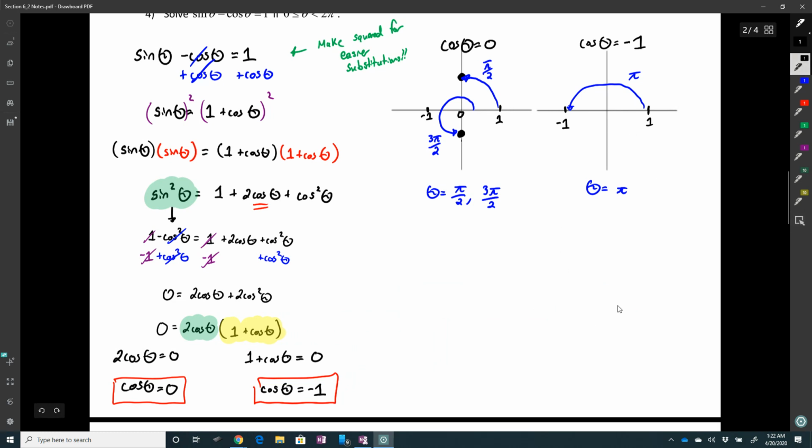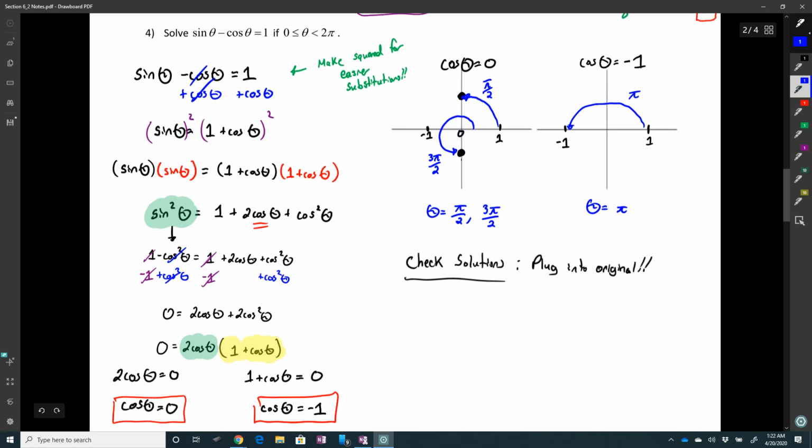So to check our solutions, you always plug into the original. And so if I plug into the original, my original is sine of x minus cosine of x equals 1. If it works out, then it's a solution. If it doesn't work out, it is not a solution.